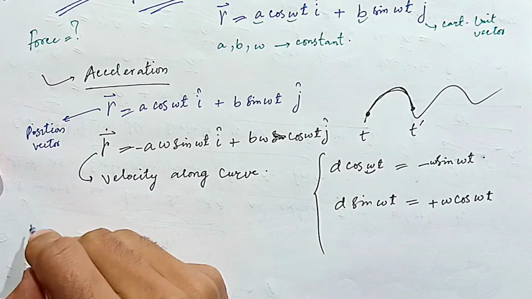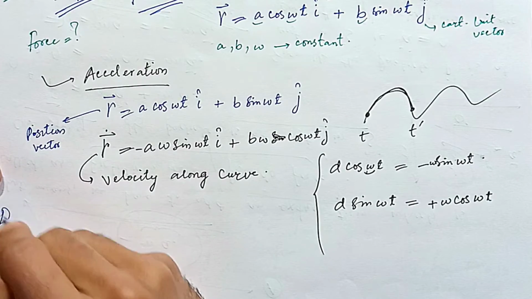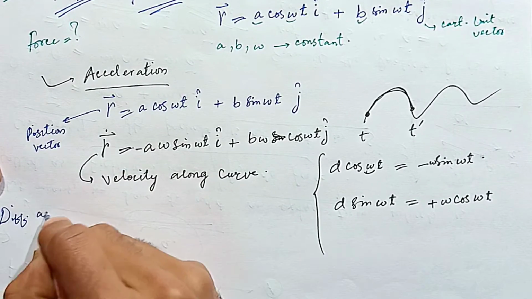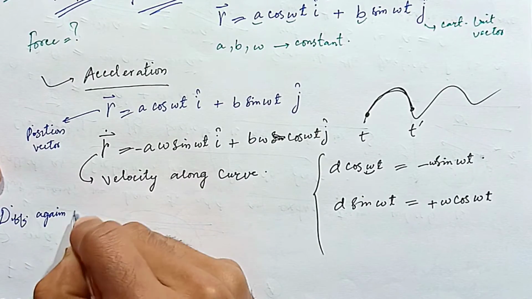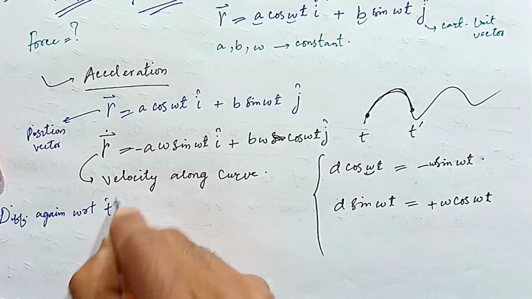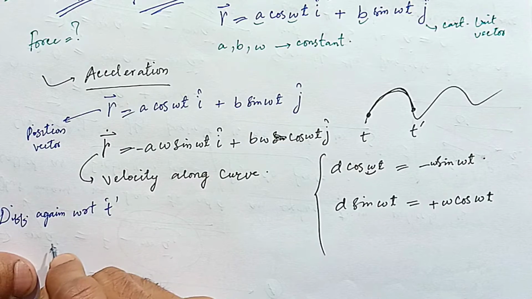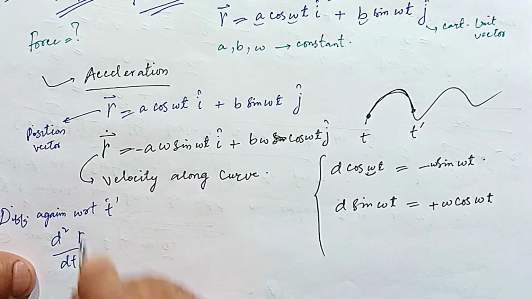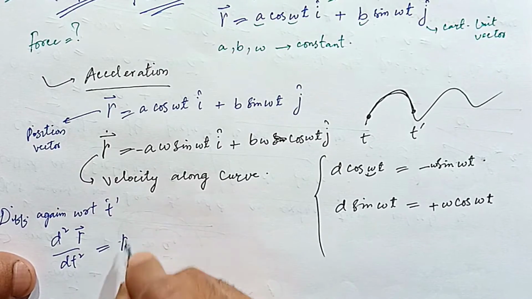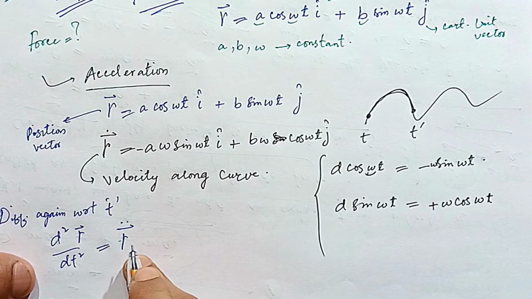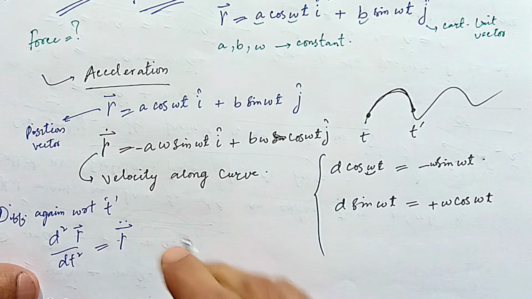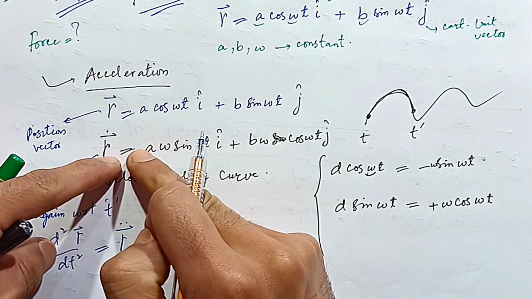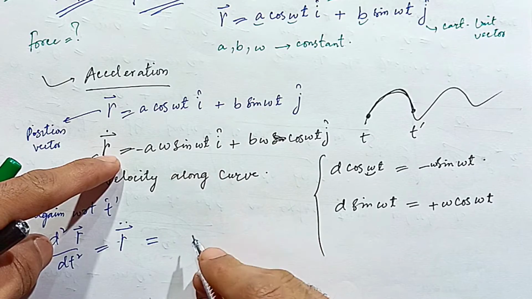So for acceleration, we differentiate this equation again with respect to time. That means d2r by dt squared, that is r double dot, is the acceleration. So we have to differentiate this equation again with respect to time.